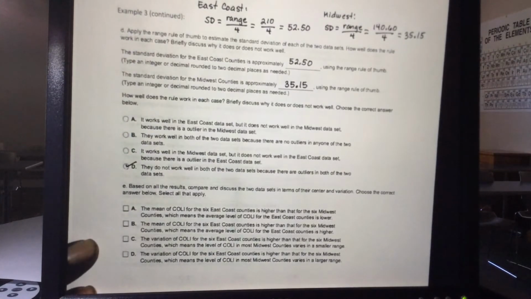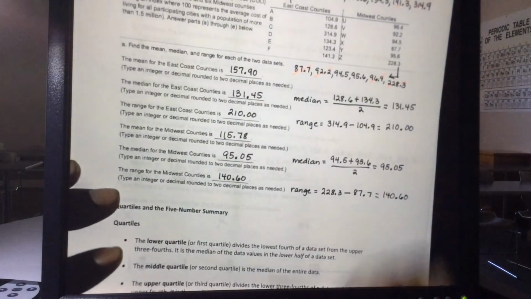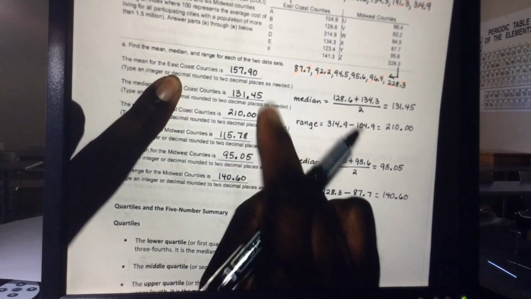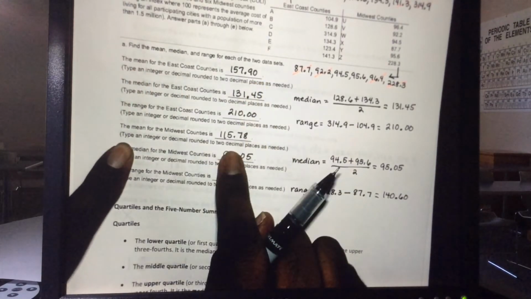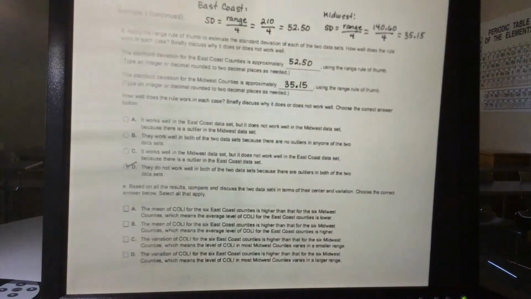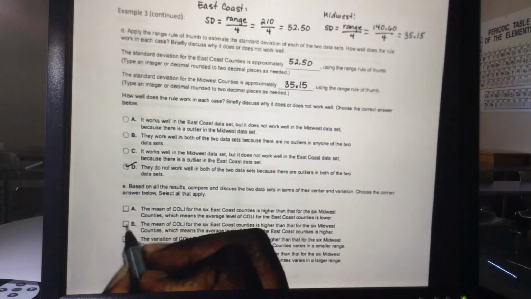If you look at this, the mean of COLI for the 6 East Coast counties is higher than the mean for the 6 Midwest counties, which means the average level of COLI for the East Coast counties is higher. Well, that makes sense. Here it is. For the East Coast, that mean was 157.90. For Midwest, it was 115.78. So we can select that.